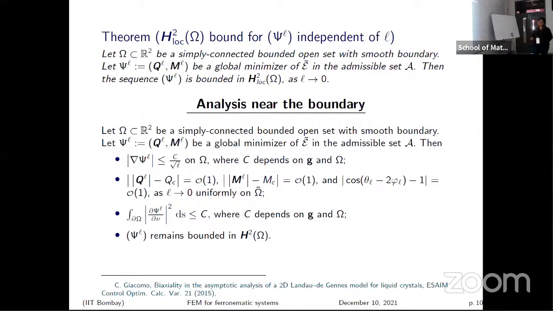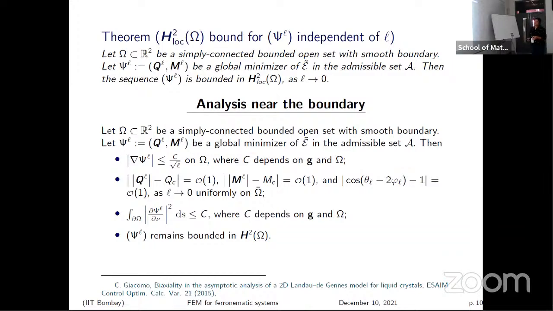The next result is the H2 bound of these global minimizers, and this bound is independent of L. So next we extend the analysis and analyze this near the boundary.